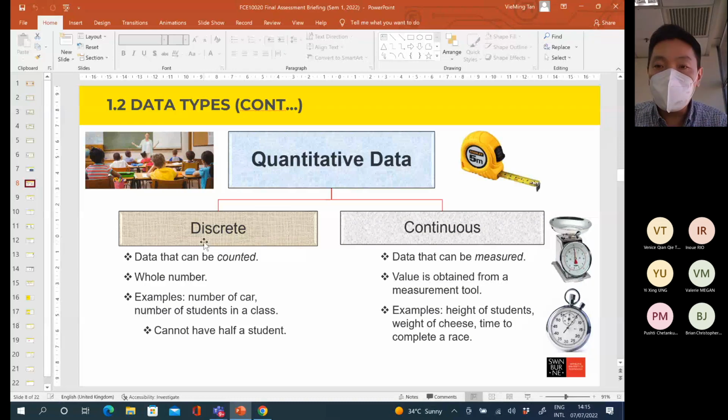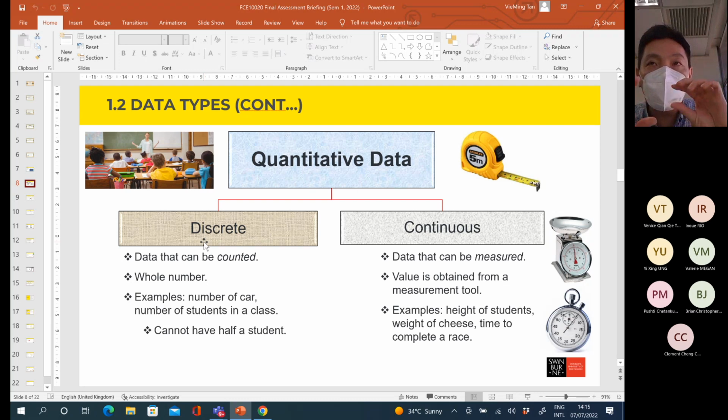On the other hand, continuous quantitative data are the data that you need to use a certain machine or tool to measure. Like for instance, if you want to know the temperature of the room, you need to use a thermometer. If you want to know the height of a student, you need to use a ruler or measurement tape.